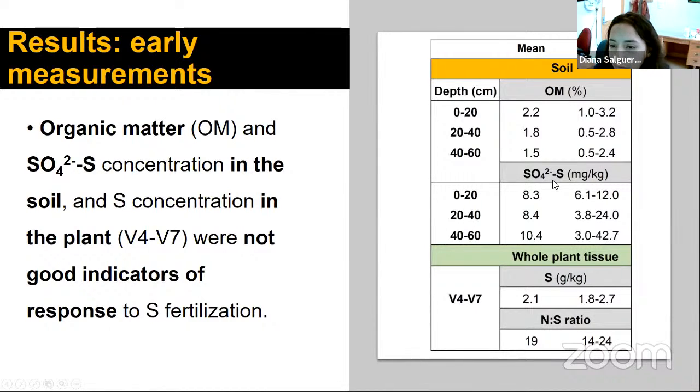When we look at sulfate sulfur, we have locations below the threshold for sulfate sulfur in the soil. As I mentioned in the introduction, that threshold is 8 milligrams per kilogram. So some locations were below the threshold and some others were above.